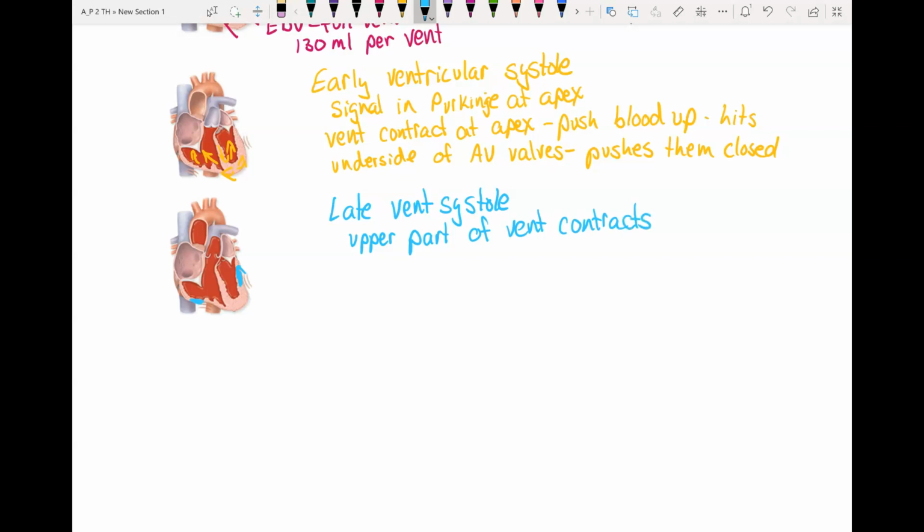And this continues to push the blood up. Now the blood's going up this way toward the semilunar valves. So the AV valves are already closed. So now the blood moves up further toward the semilunar valves.